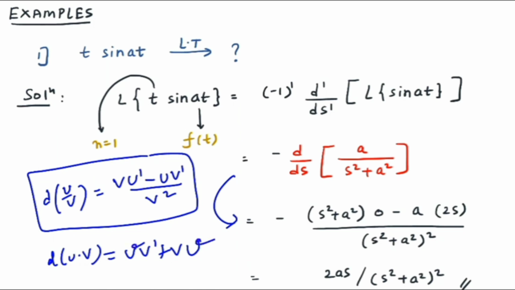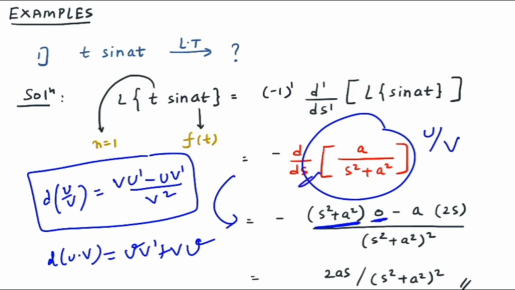So this is the formula which you should note about differentiation. We have only two rules, derivative of uv or derivative of u by v. So this form is derivative of u by v. You can see here, first you have to write v, then differentiation of u, because the variable here is s, right? So you are differentiating with respect to s.